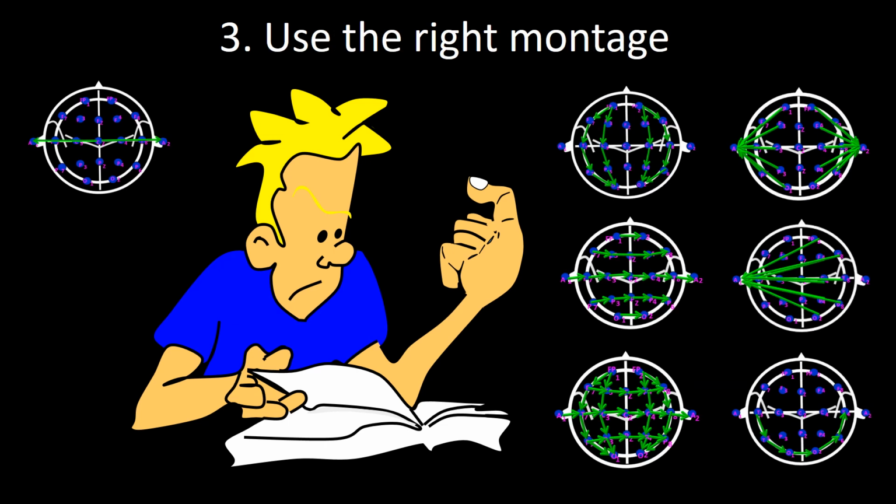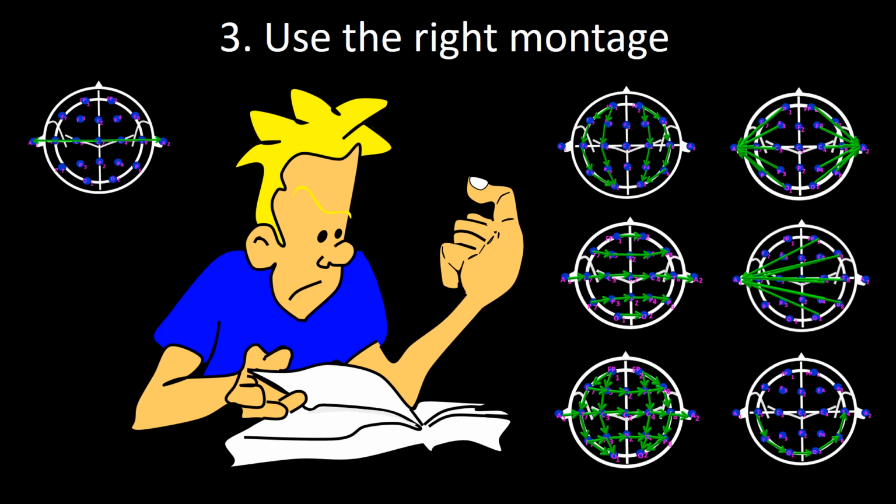The third step is to make sure that we're using the right montage to look at the specific grapho element. The right montage is the one that allows us to see the features that define a grapho element more distinctively.